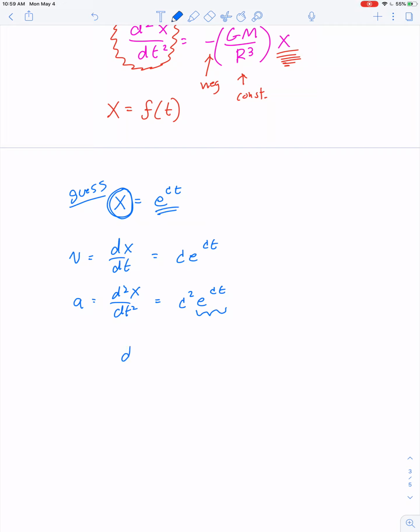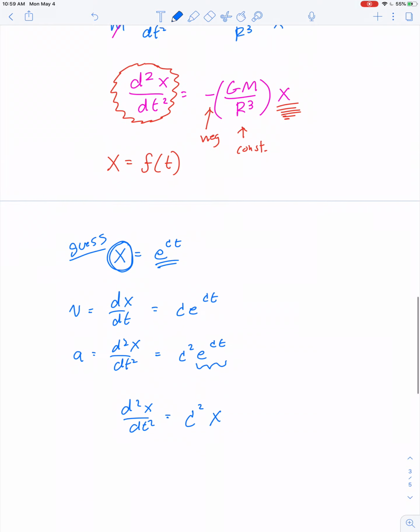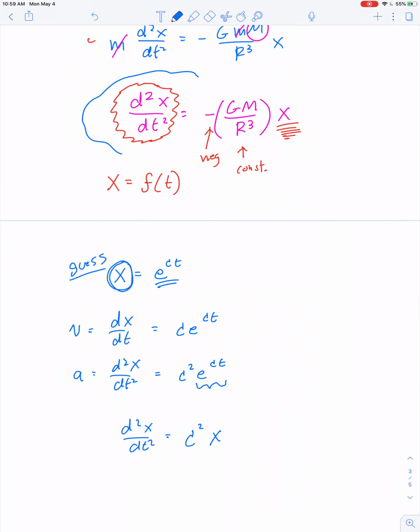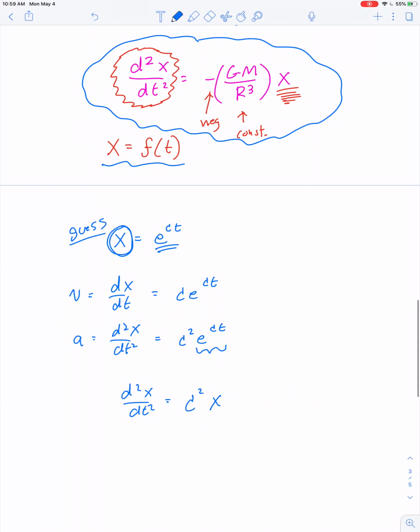So we find that the second derivative of position with respect to time is equal to some constant squared times x itself. Hey, that looks kind of like this. Taking the second derivative of the function is giving us a constant squared times itself. Here's the only problem: it didn't give us a negative constant times the function.